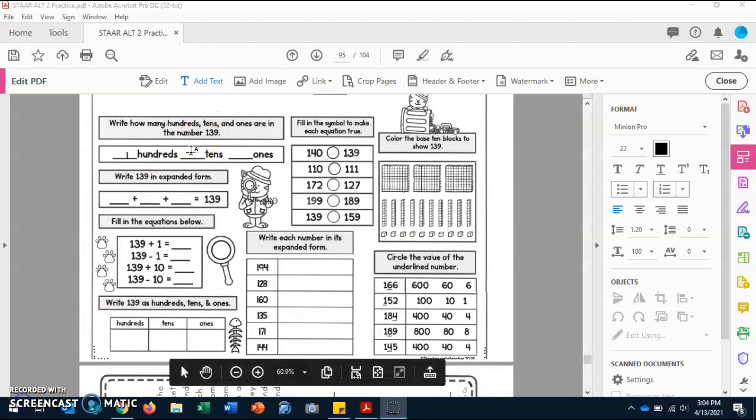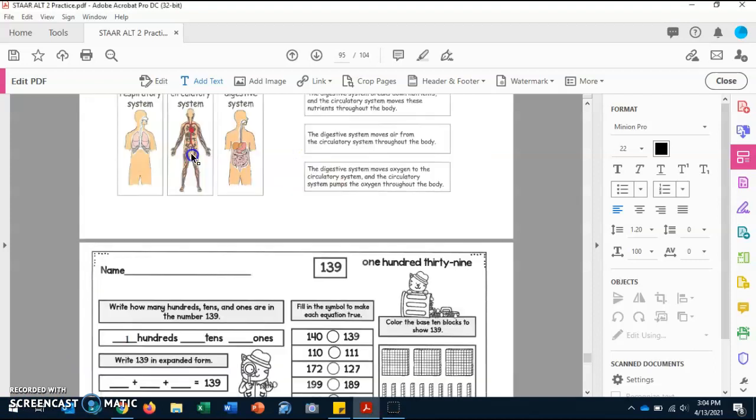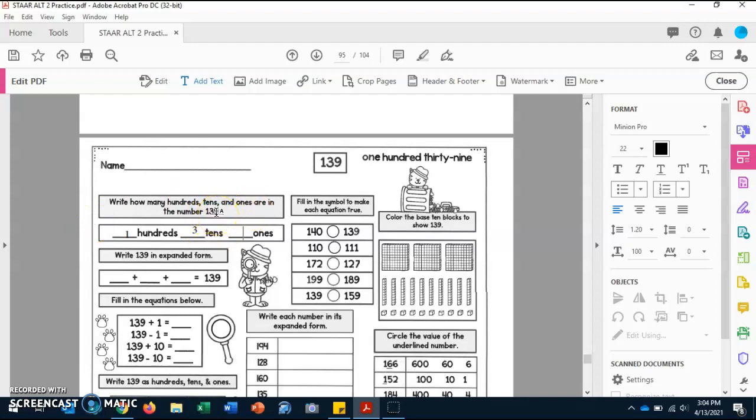Yes. 3 tens. And how about in the ones? How many ones are there in 139? Good job, 9.